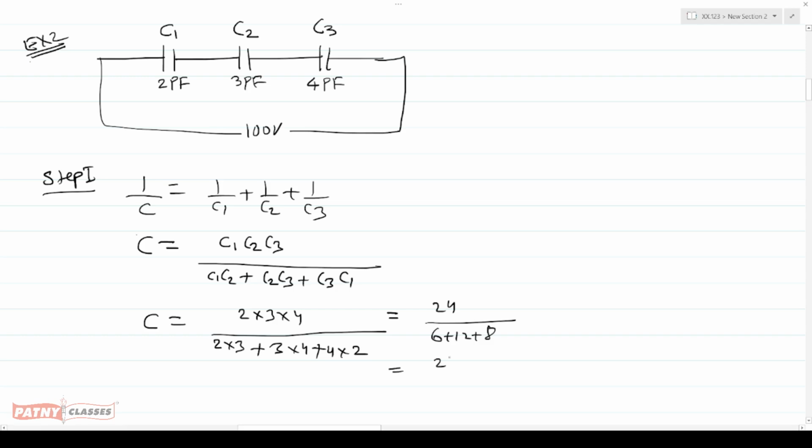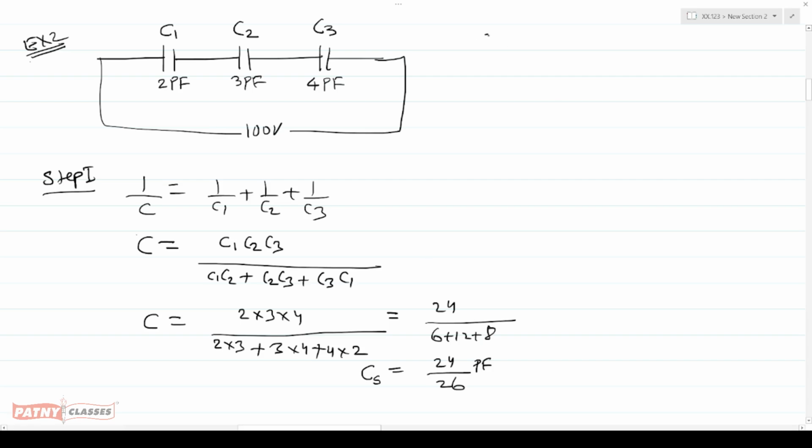So that is 24 upon 26. This is the equivalent capacitance of the combination, and it is in picofarad. We have answered the first question, how to find the equivalent capacitance in the series combination. Now second, we need to find the charge on each capacitor.